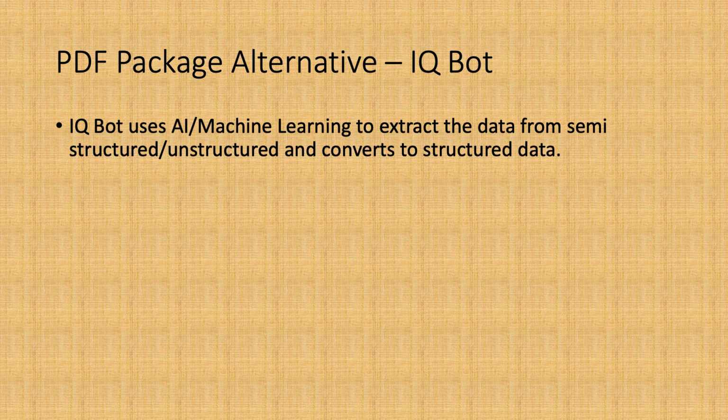So if you have any PDF, it will convert it to Excel or CSV, then you can use that in your process. But IQBot is a separate beast altogether, so there will be separate video tutorials coming on it soon. Now let's move on to the control room to start coding and using the PDF packages.